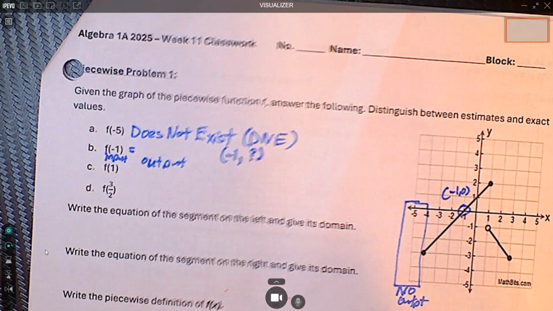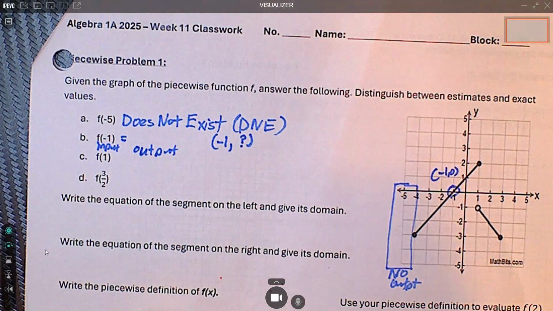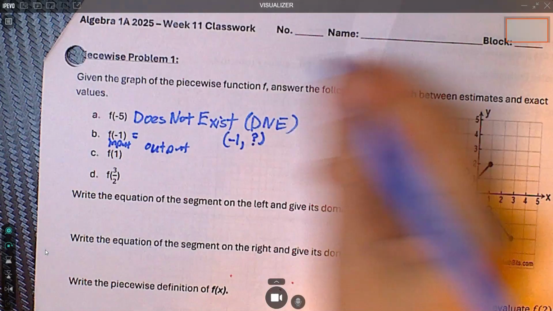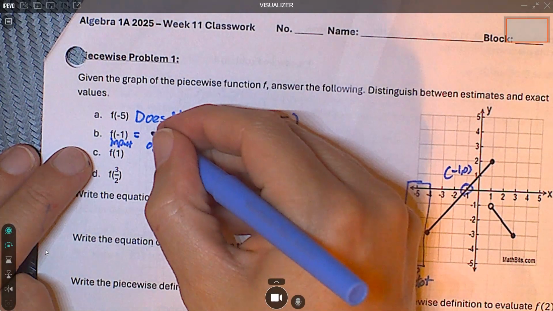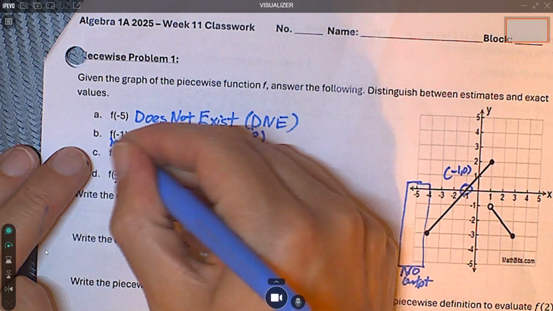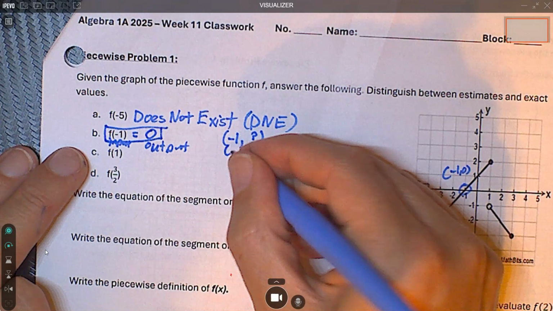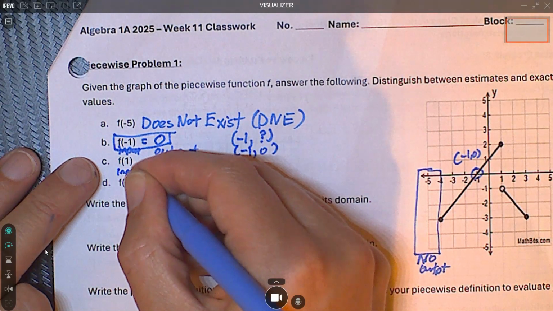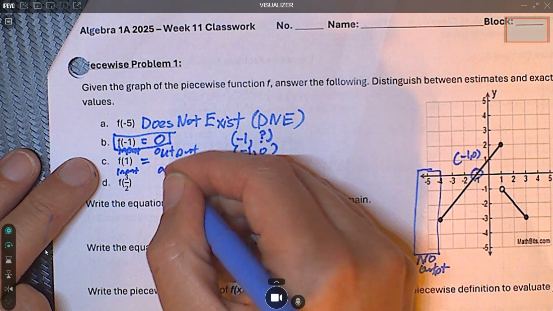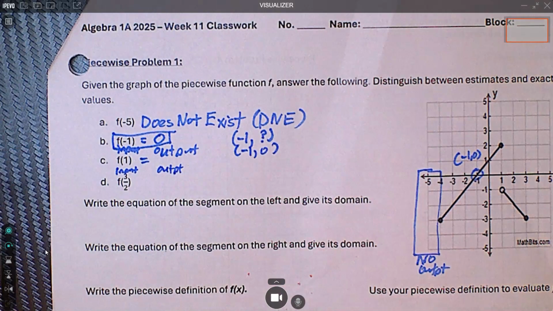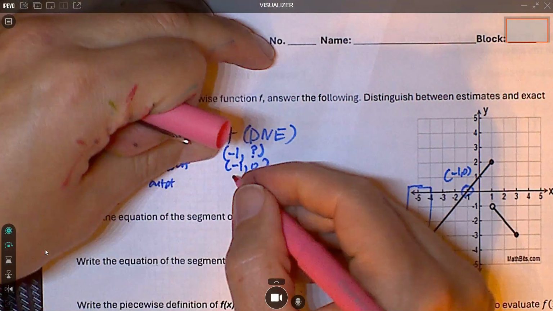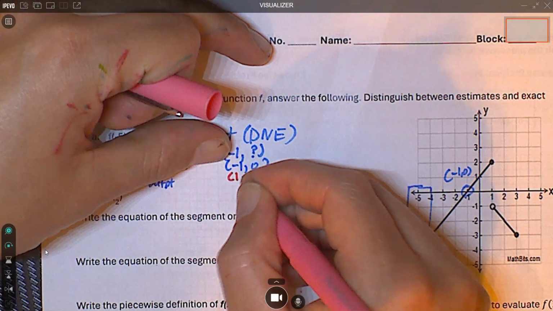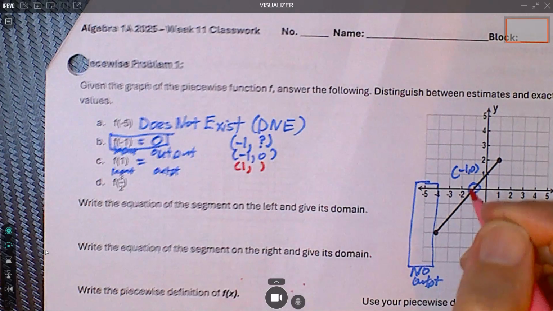See, that's -1, 0. Okay, so when the input's -1, the output is 0. And see, it's like the ordered pair -1, 0. Okay, input's 1. What's the output? It's like asking, 1 has what output?